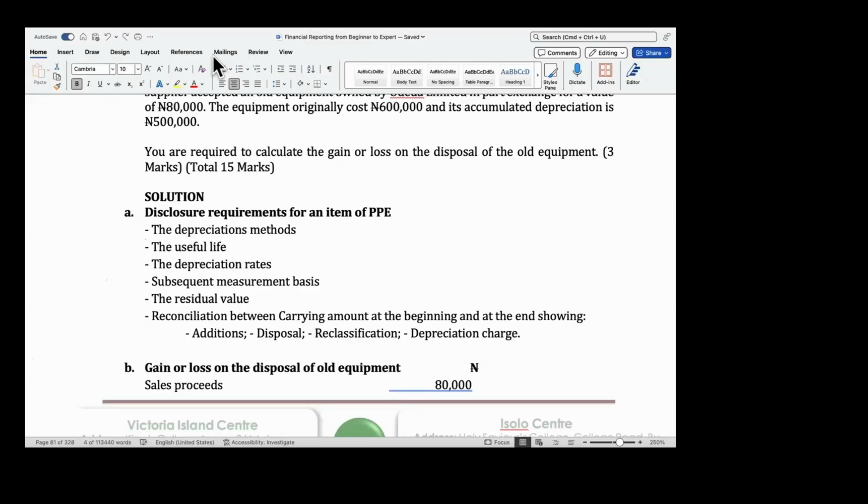And that is just similar to rent. When you pay rent for 3 years, you will not put the entire rent of 3 years in P&L. You put the rent of year one alone in P&L. The remaining 2 years, you carry as prepayment. It's the same thing.